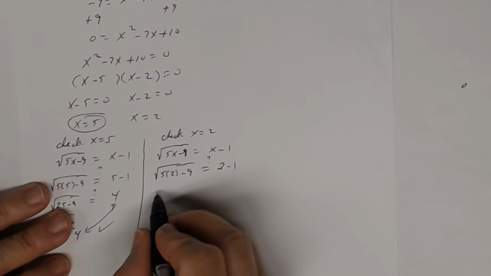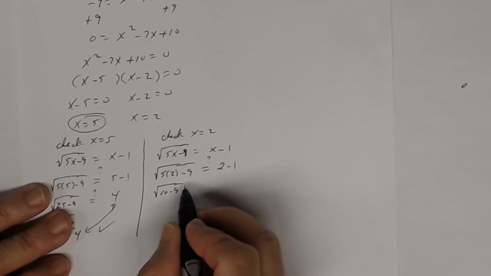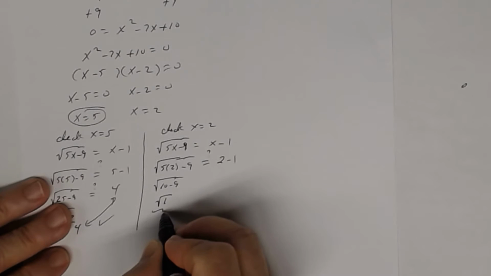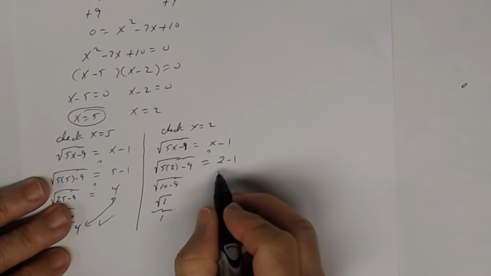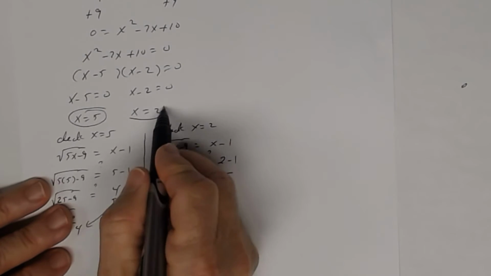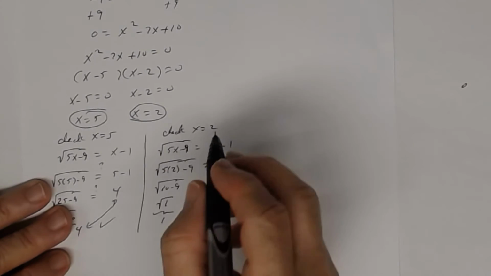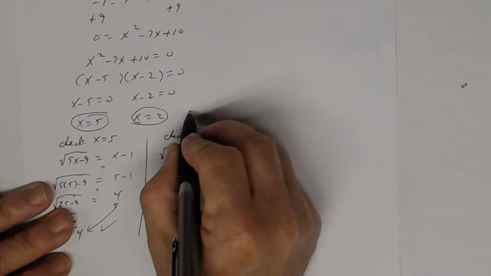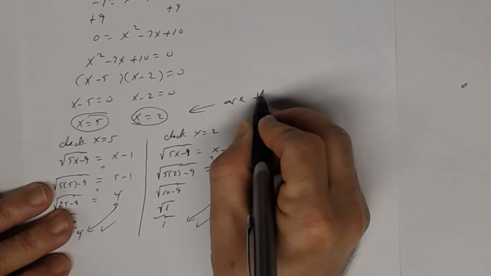Well, 5 times 2 is 10, so I get the square root of 10 minus 9. 10 minus 9 is 1, so that's the square root of 1, and the square root of 1 is 1. 2 minus 1 is 1, and those are equal. So both of these proposed solutions are solutions to the original. So none of these are extraneous. So these are the solutions.